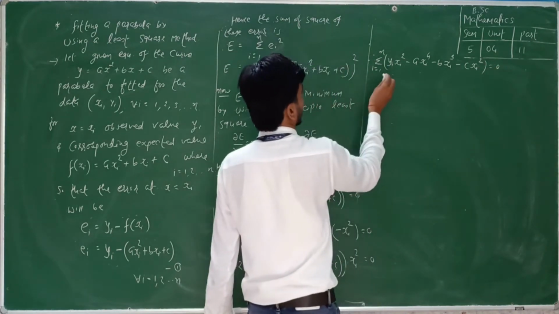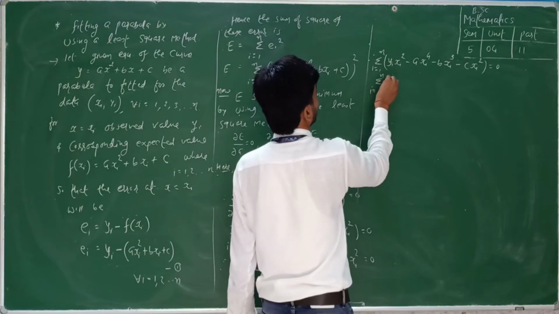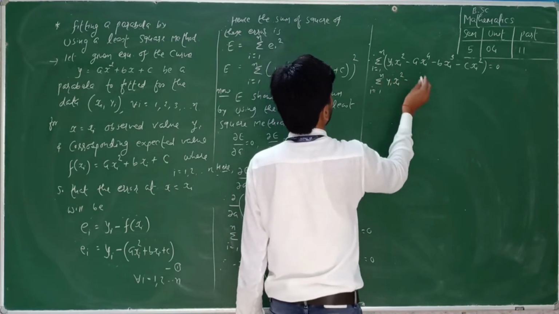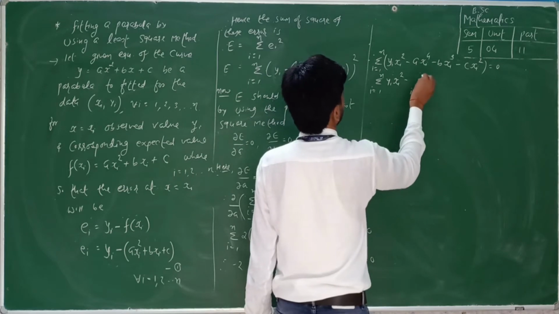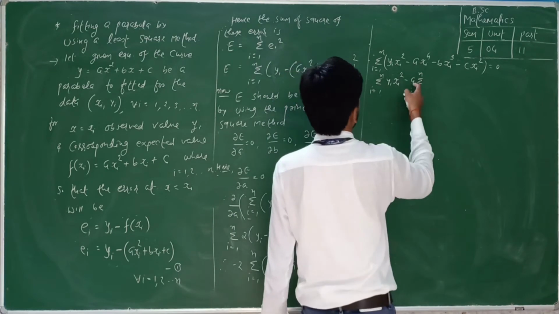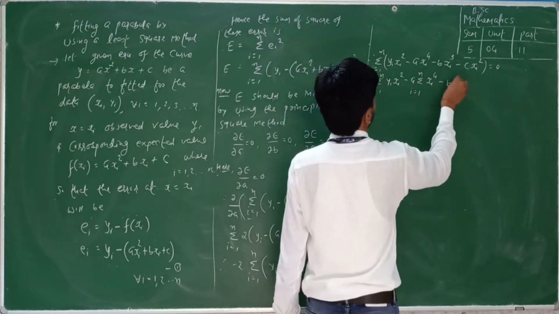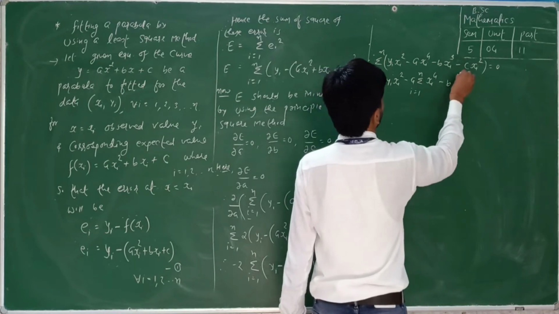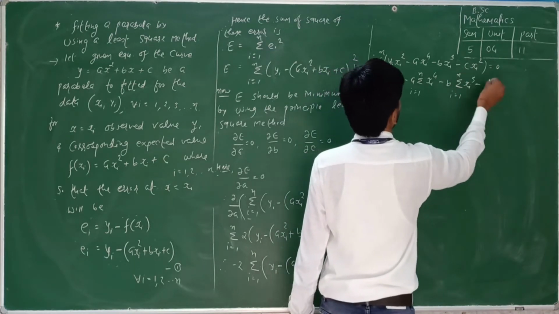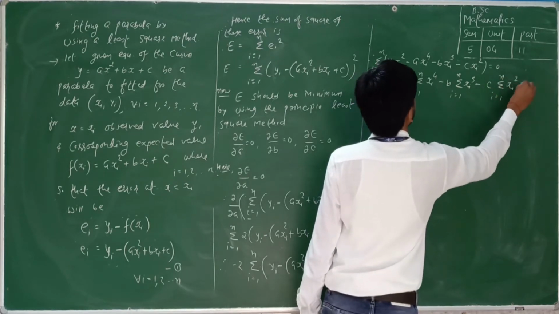So applying sigma i = 1 to n on each term: yi into xi square. Sigma i = 1 to n of a, which is a constant, is written outside the sigma; xi for b constant, same as here xi cube; minus c constant, sigma xi square is equal to 0.